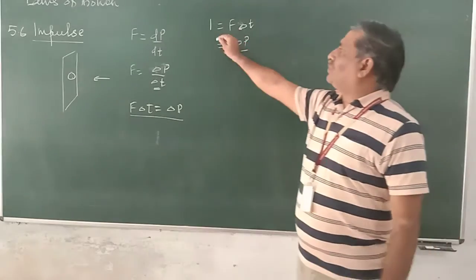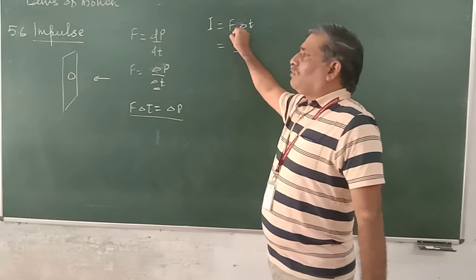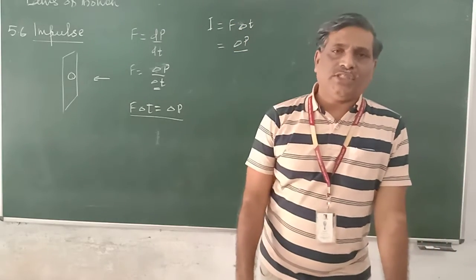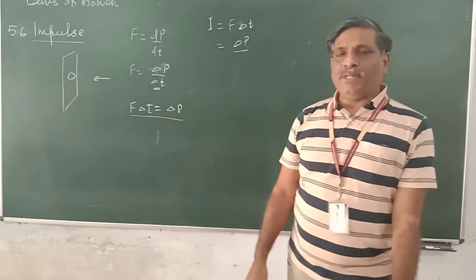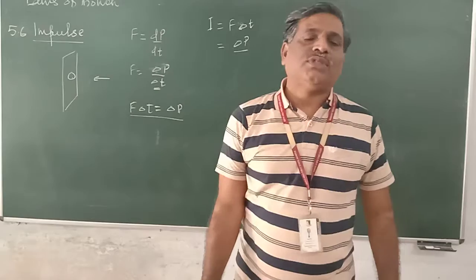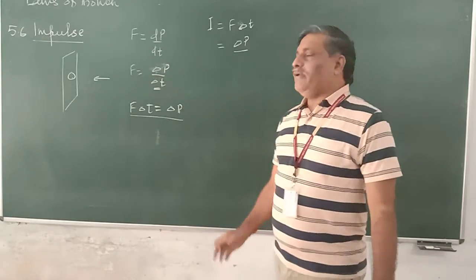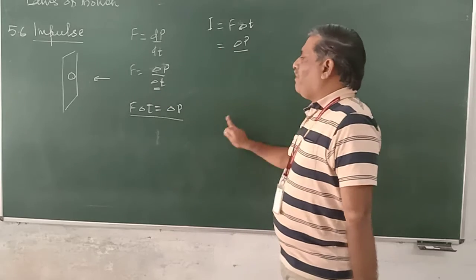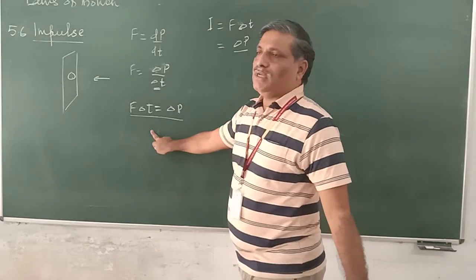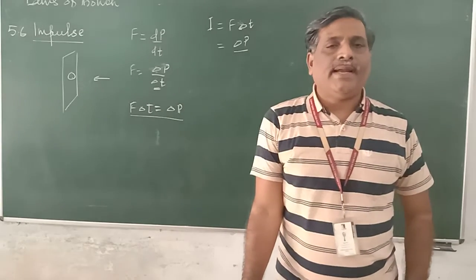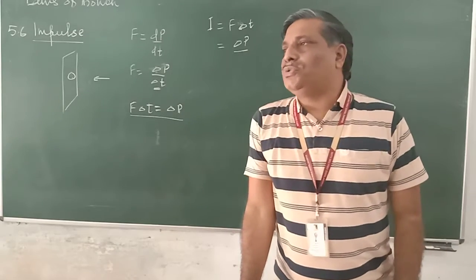This product of force and duration is called impulsive force. Traditionally, impulsive forces were taken as different from ordinary forces, but Newton considered them the same. So the change in momentum helps to integrate impulse and force together.